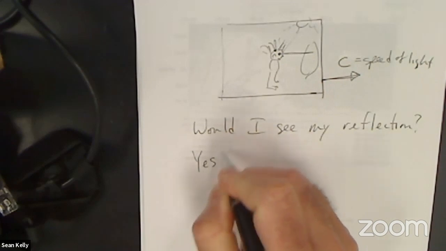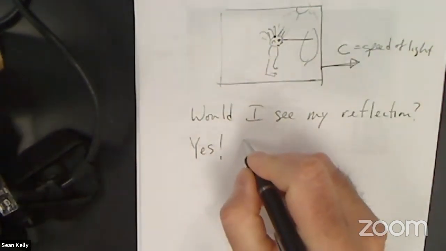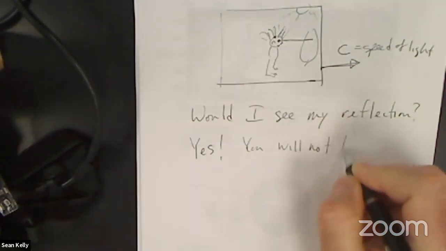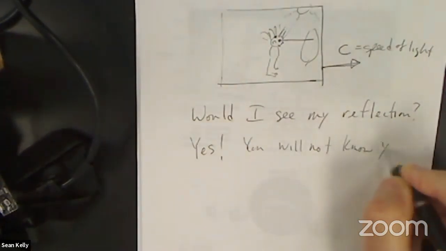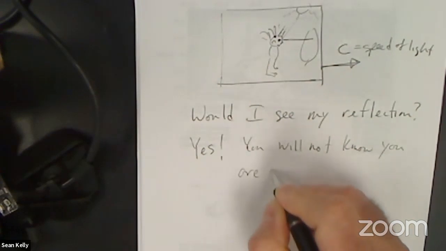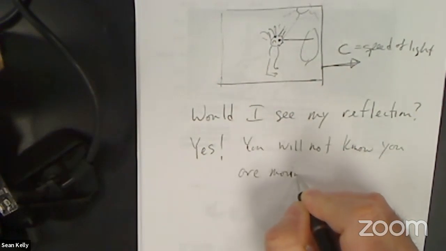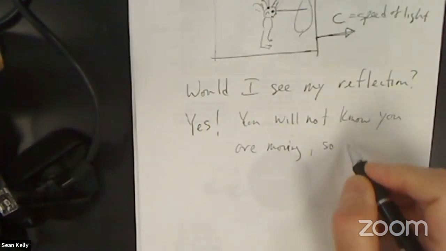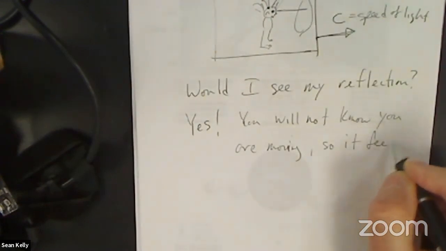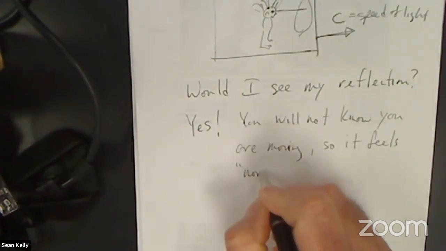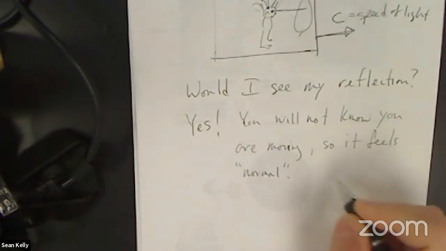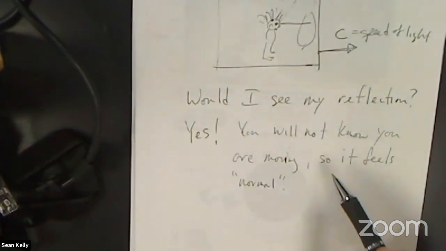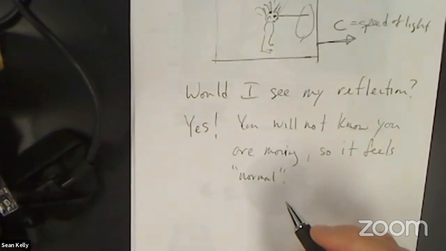Well, I'll tell you what Einstein said. Yes. He said, you will not know you are moving. You can't feel your speed, so it feels normal. When you are moving at a constant velocity, you can't feel anything happening, right?